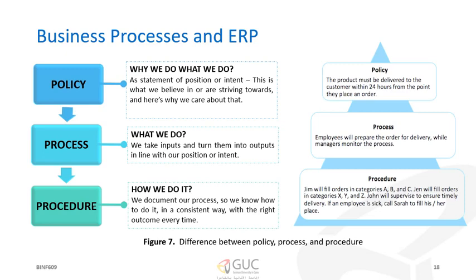Process is the flow of activities where we take inputs and turn them into outputs regarding the position or intent that is set by the policy. For example, the guidelines or flow of delivery process. Finally, procedures are the detailed instructions of steps that should be documented to ensure running the process every time in a right way.